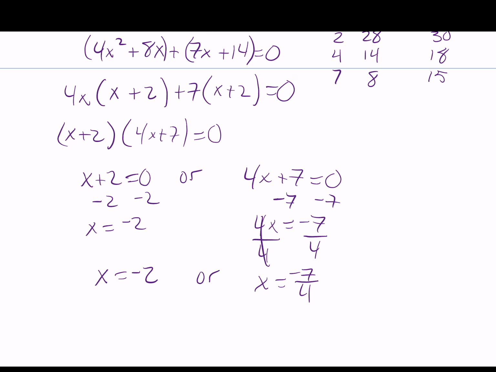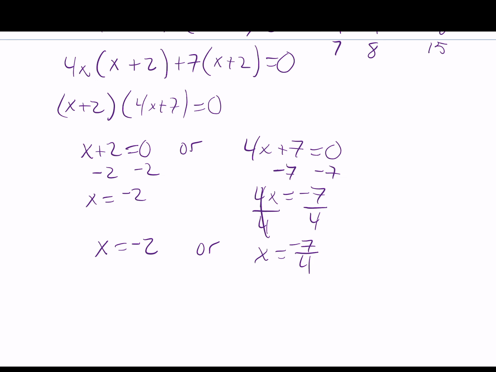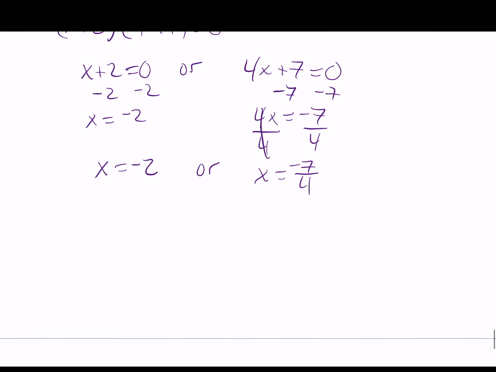Now, does this give us a solution? Okay, now that we have these two proposed solutions, let's plug it back into the original equation and see if these are actual solutions or extraneous solutions. So let's try x is equal to negative 2 first. So we have the square root of 3 times negative 2 plus 7, plus the square root of negative 2 plus 2.